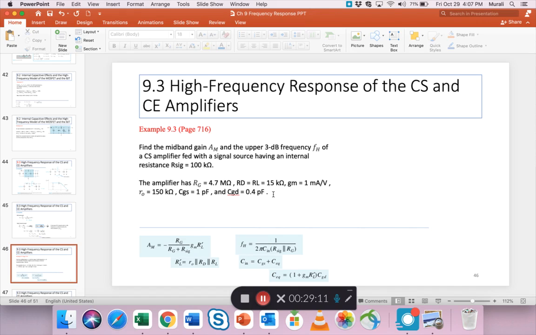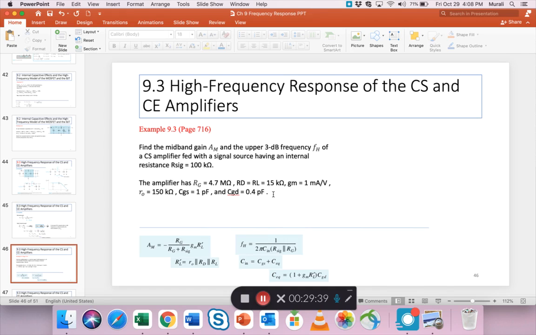So this example, I hope I don't have to go through it too much. You can read it for yourself. On page 716, I'm looking at the problem solution. AM comes out as minus 7 volts per volt using the formula shown below.